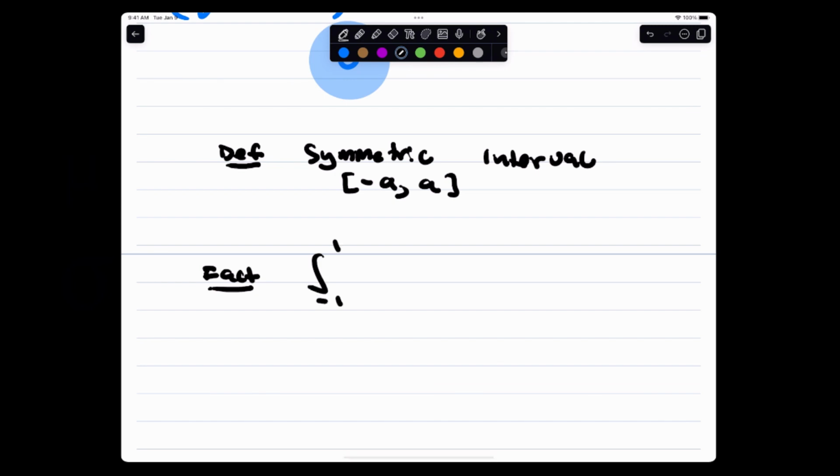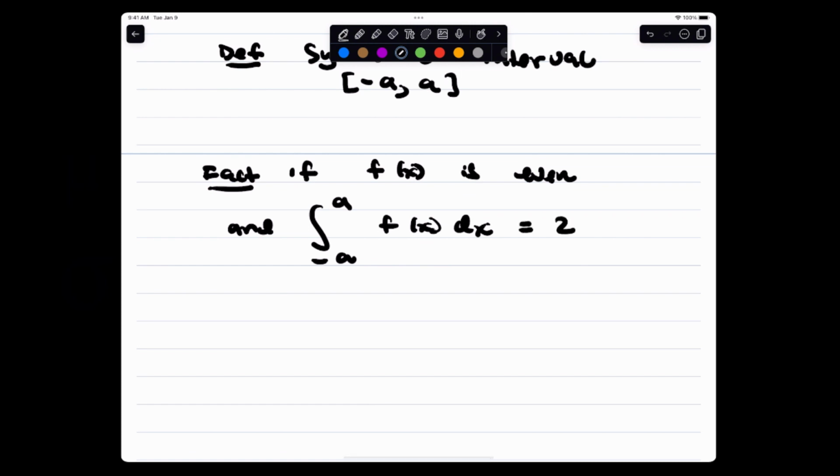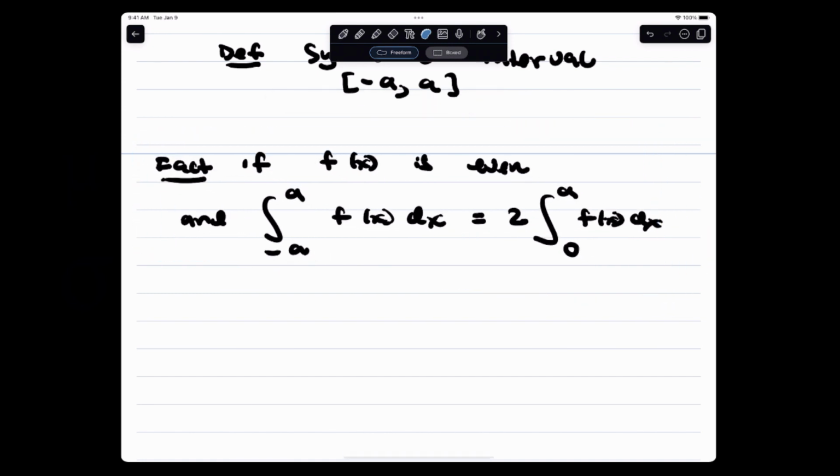When you integrate, we'll say this. If your function f is even, and you integrate an even function, you know what you can do? This is double from 0 to a of that function. Okay, this is going to be a very useful fact.